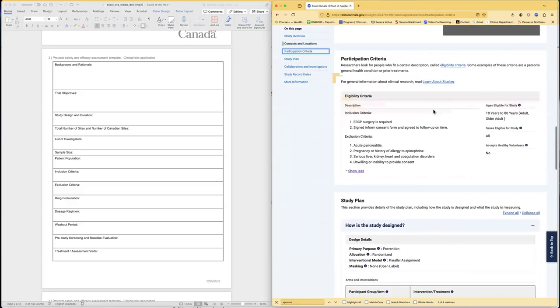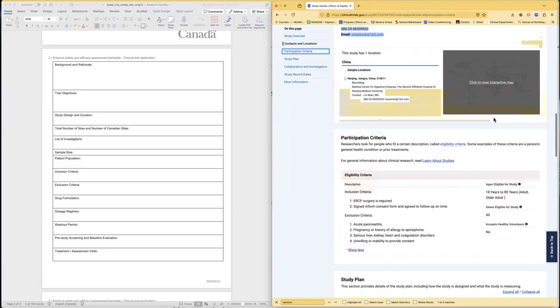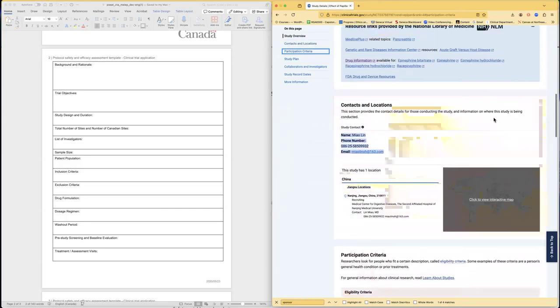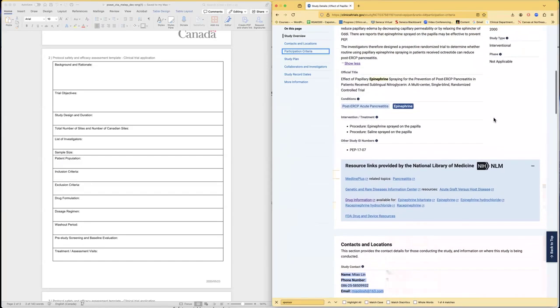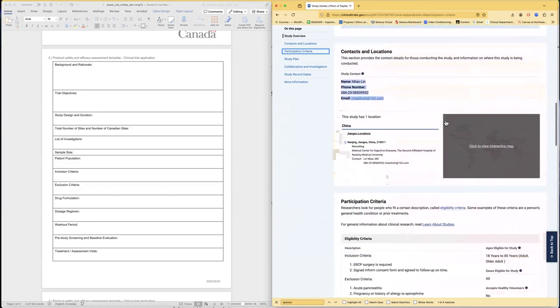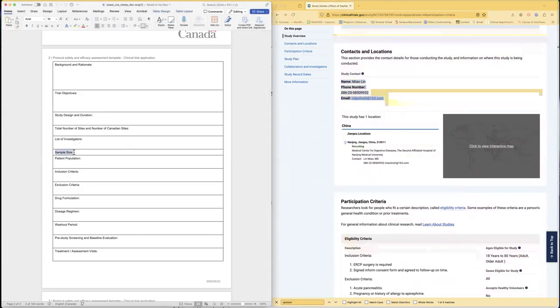Here we have the inclusion and exclusion criteria, but it doesn't seem to give me any number. This is okay. This is the way that they enter their information, so I'm not going to criticize them, of course not. So for the number of patients or sample size, again, put a hypothetical number if this is for an exercise.